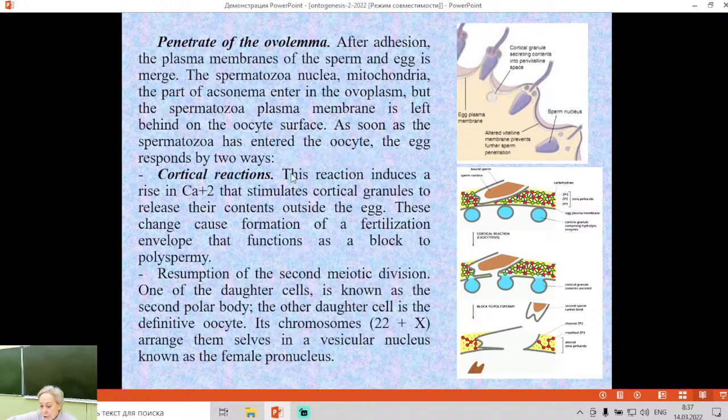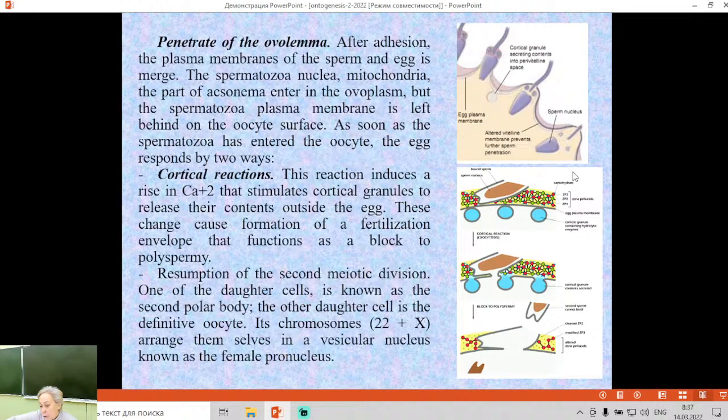And during the cortical reaction, by exocytosis, the content of cortical granules is released outside onto the plasma lemma. And these chemical substances join with receptors on the surface of the oocyte. This change causes formation of a fertilization envelope that functions as a block to polyspermy.